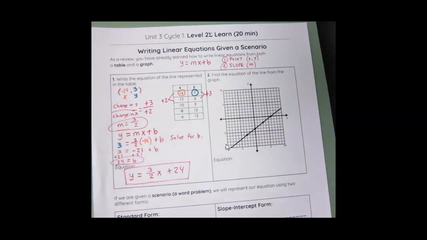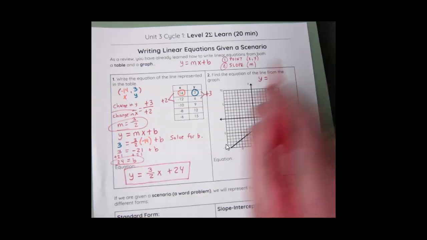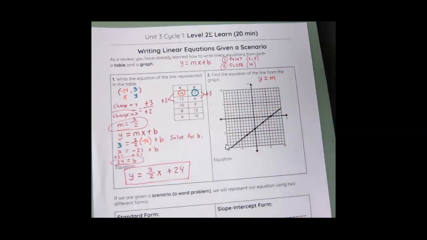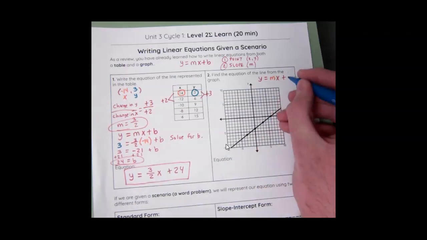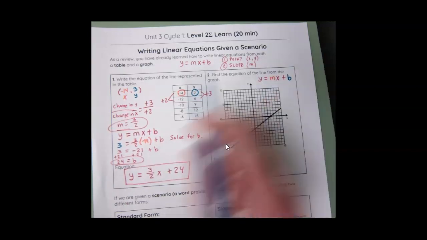Okay, number 2, find the equation of the line from the graph. Here, it's a little bit simpler. Still, we're trying to find y equals mx plus b. So let's first find our y-intercept, b, and fill in the blank.